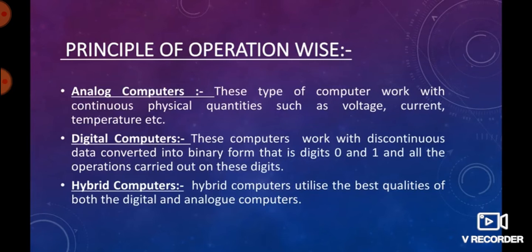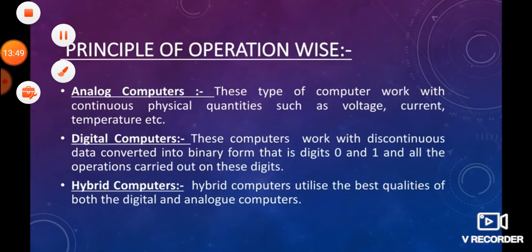It is also called the on and off situation. So the computers that we all are using are called digital computers. And hybrid computers are a combination of both analog plus digital. These computers are used for very special kinds of purposes, and they utilize the best qualities of both digital and analog computers.